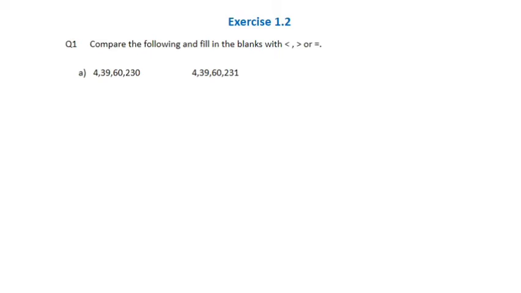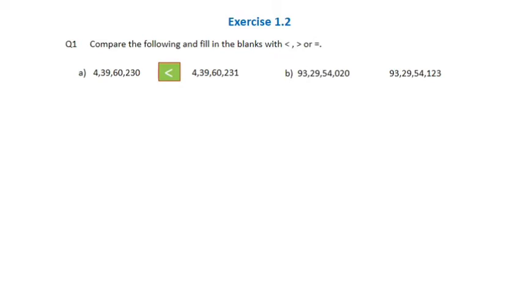Again they are same. Now come to the next number. Next number is 60. In this number it is also 60. Both are same. Come to the ones place. Here it is 230. Here it is 231. That means we can say that 231 is greater. So your answer is 4 crores 39 lakh 60,231 is greater than 4 crores 39 lakh 60,230.